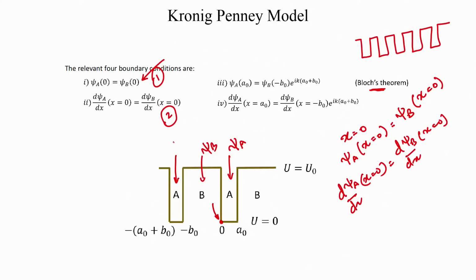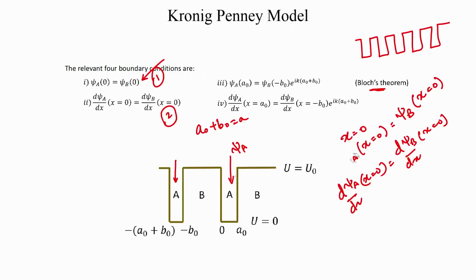But if we translate this entire potential profile by one period, which is one lattice constant, this potential well would exist here, and that potential well would then start having this wave function psi of A. So the wave function in this potential well must be related to the wave function in this potential well, and this relation is brought out by Bloch's theorem.